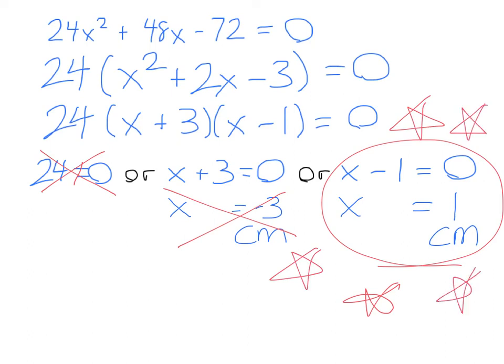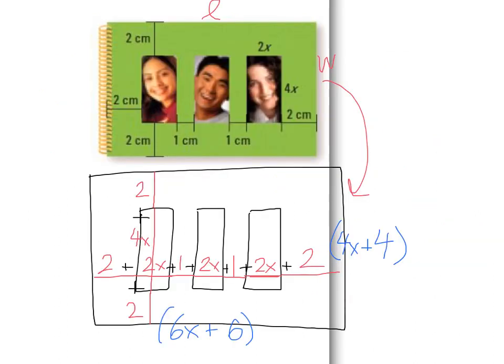But that doesn't answer the question just yet, now does it? It's the final piece to what it takes to answer the question, so let's do just that. Now, if we go back to our enlarged version of our scrapbook cover, we now know that x is equal to 1 centimeter. We just figured that out.